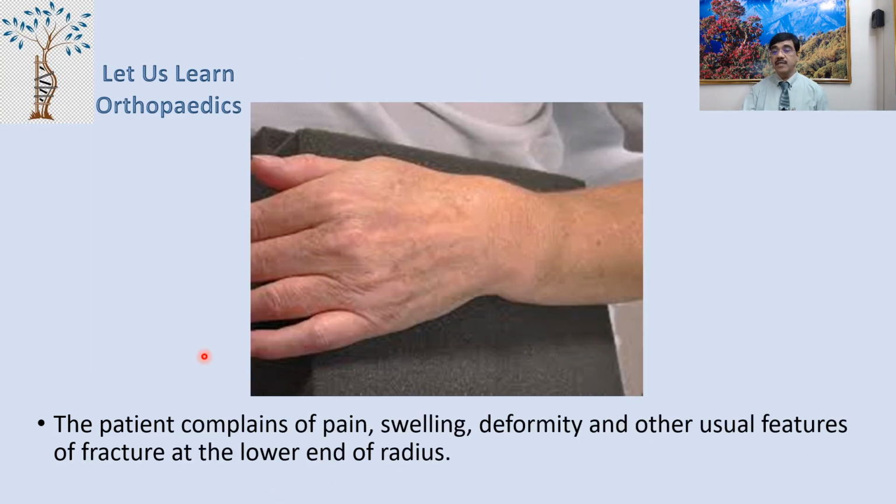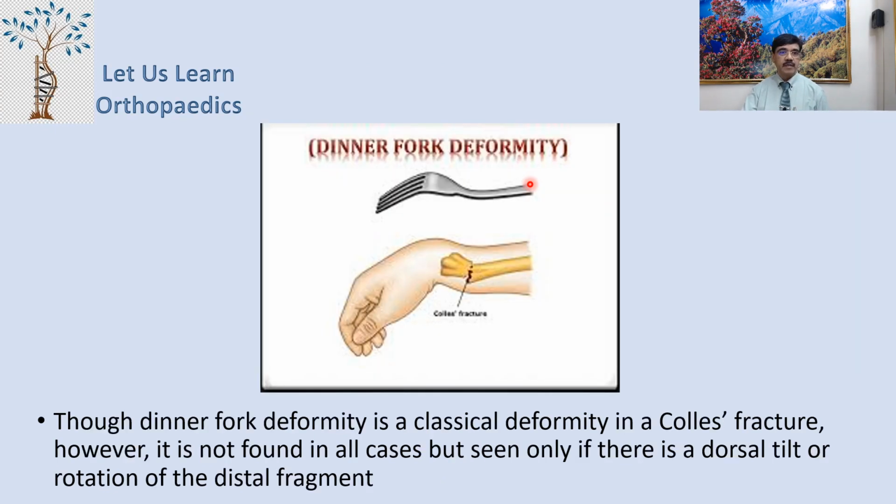Now, the patient usually complains of pain and swelling around the wrist, a deformity, and the other usual features of a fracture at the lower end of the radius. Though the dinner fork deformity is the classical deformity described in a Colles fracture, it is not found in all cases.